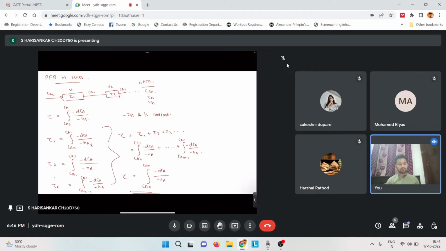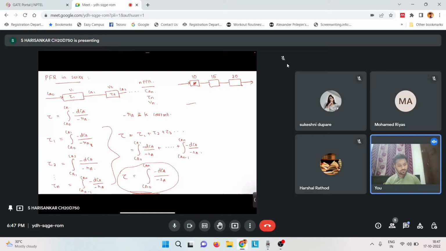The significance here is, let's say we have three reactors in series like this, and each volume is, let's take volume here. The first volume is 10, the second is 15, and the third is 20.